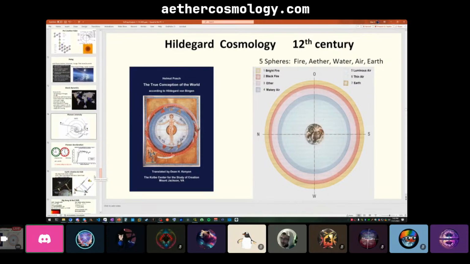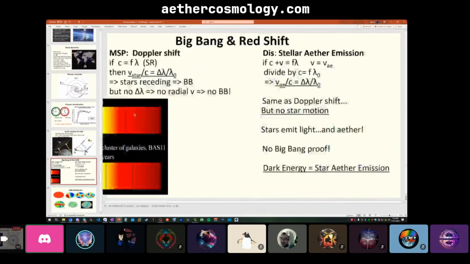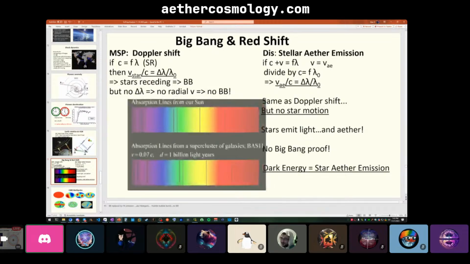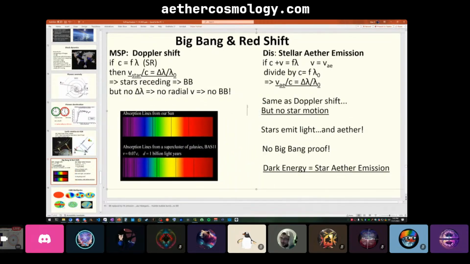So Doppler shift is the conventional description, the belief of the mainstream, that we have a vision of stars that are receding because they're Doppler shifted.